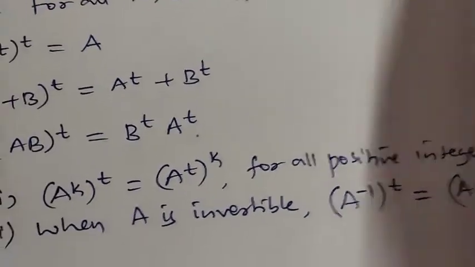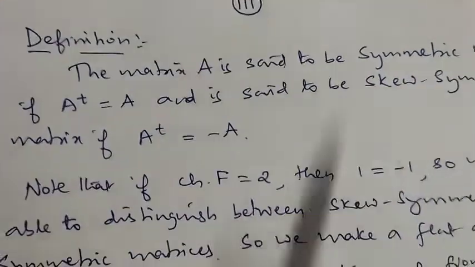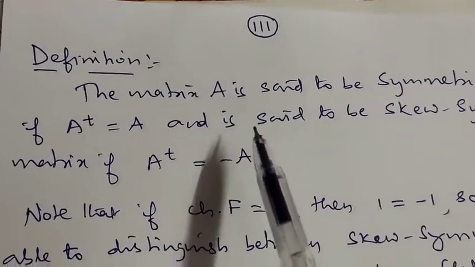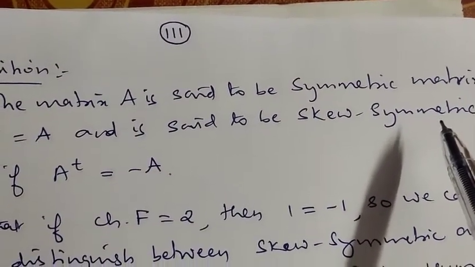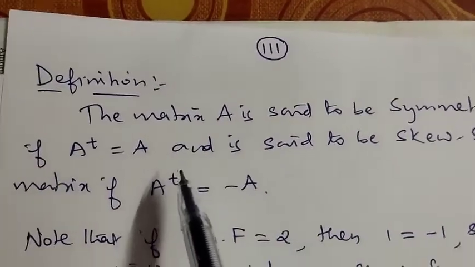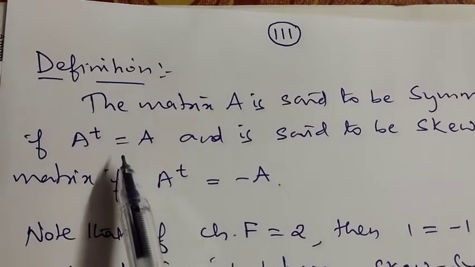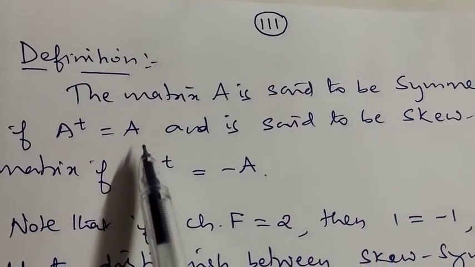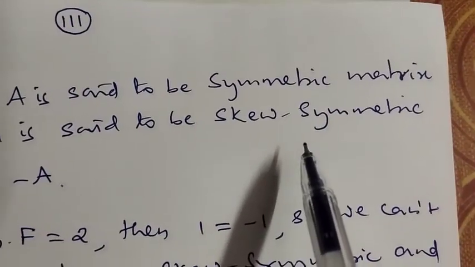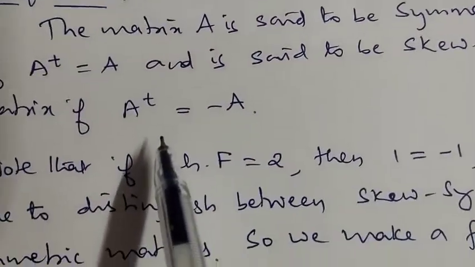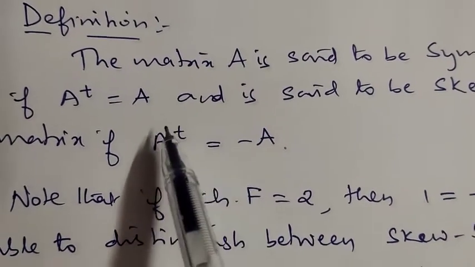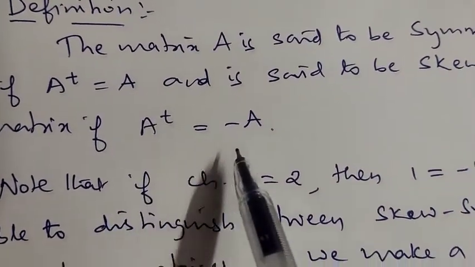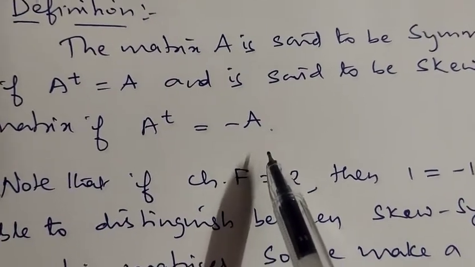Next, look here. The matrix A is said to be a symmetric matrix if A is equal to its transpose, and is said to be a skew symmetric matrix if A transpose is the same as minus A. A transpose equal to A means symmetric; A transpose equal to minus A means skew symmetric.